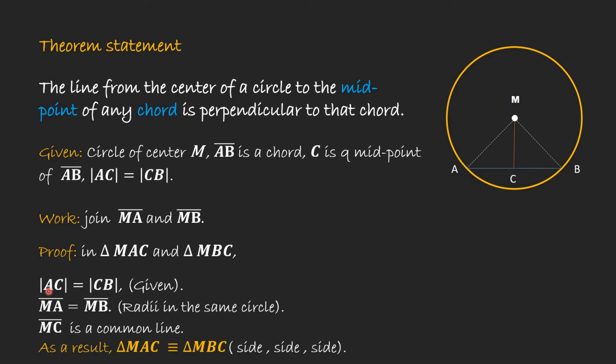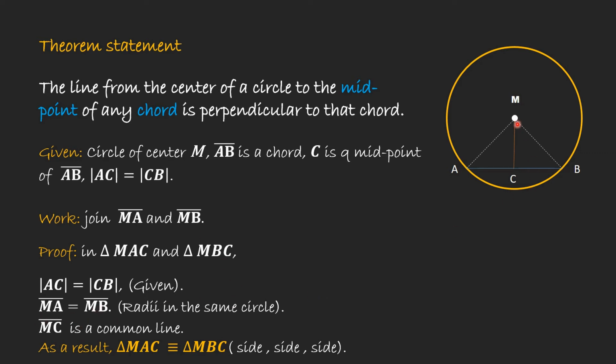First step, how can we prove these two triangles are congruent? Let's take a look at AC equals CB, right? We say that AC is equal to CB. This is a given in the theorem itself. The second point will be MA equals MB.